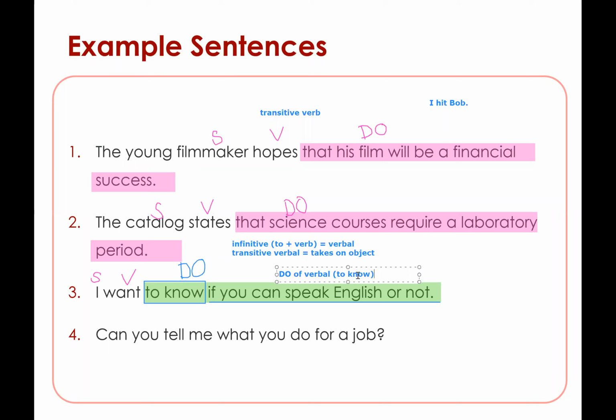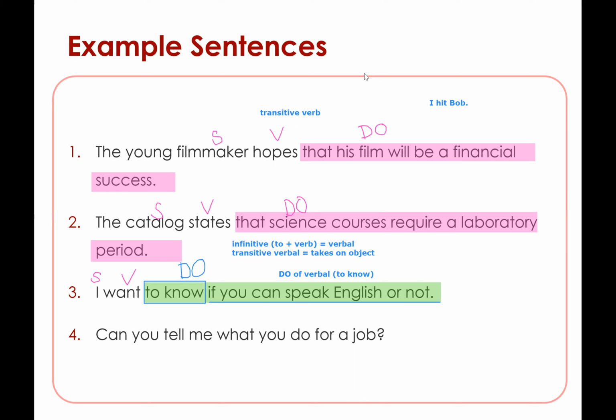If that makes sense. So to know if you can speak English or not, the entire infinitive phrase is the direct object of the verb want. And if you can speak English or not, the noun clause, the if or whether clause, is the direct object of the verbal to know. So it is a part of our infinitive phrase.